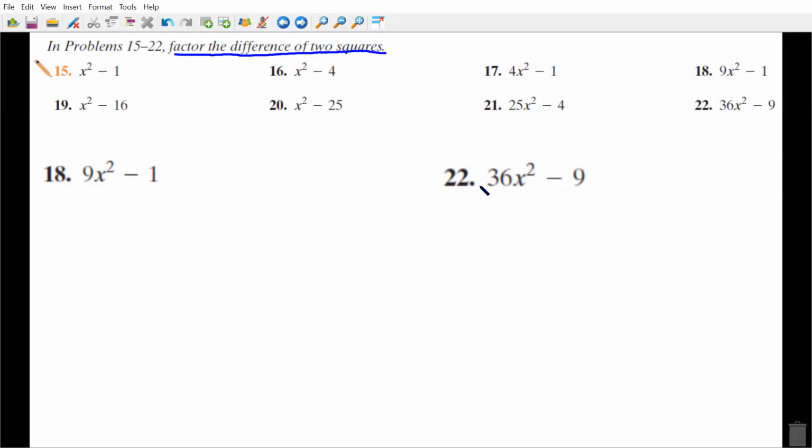Now, remember that the difference of squares was the formula that said x squared minus y squared was going to be the same as x minus y times x plus y, right? Remember?